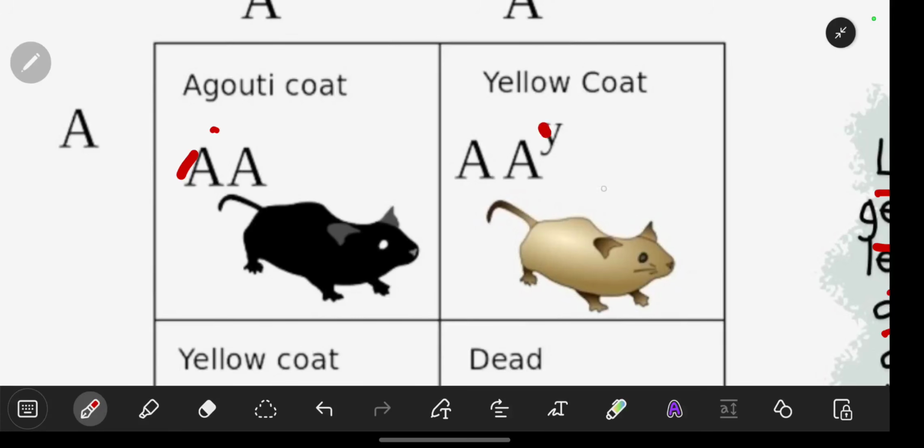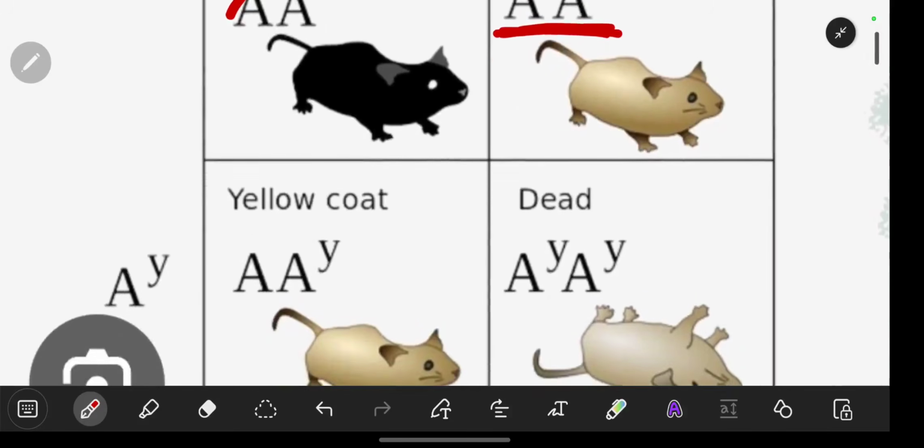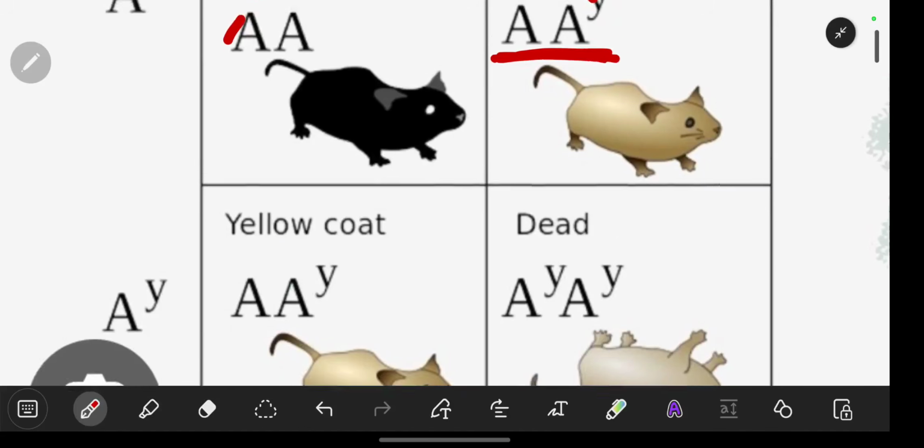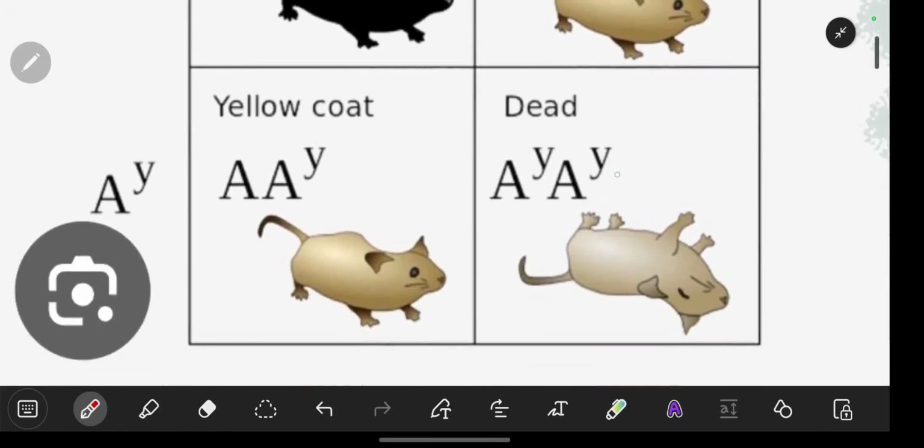If you have one recessive gene, it's brown but it's still alive, like that. But this one is dead because it has got 2 recessive genes present, like that. So that's why we say they have to be homozygous recessive, meaning to say it has got 2 recessive genes, like that.